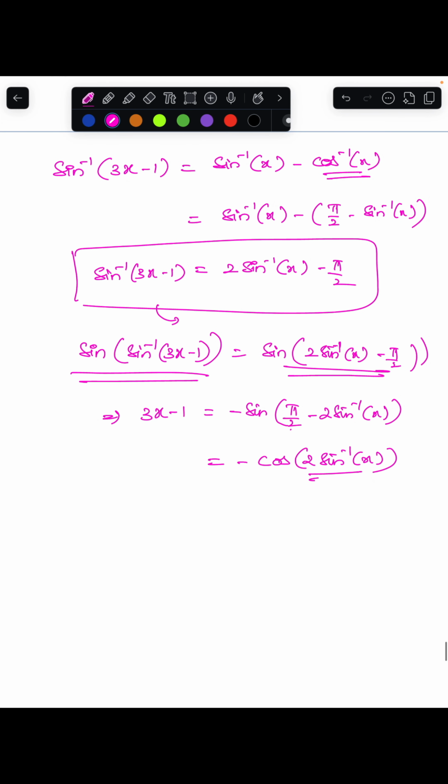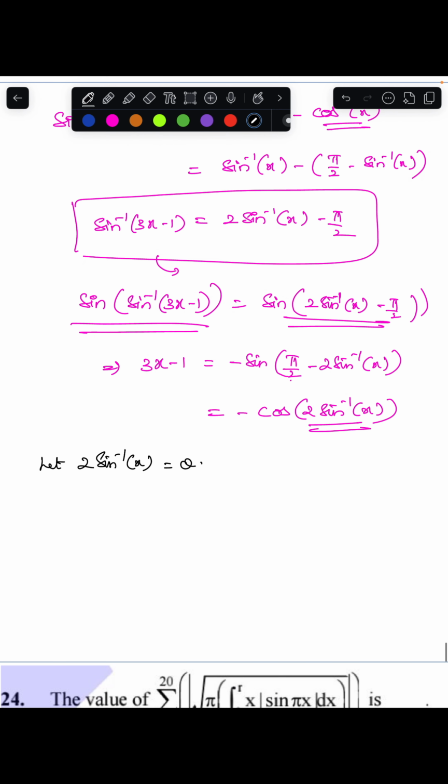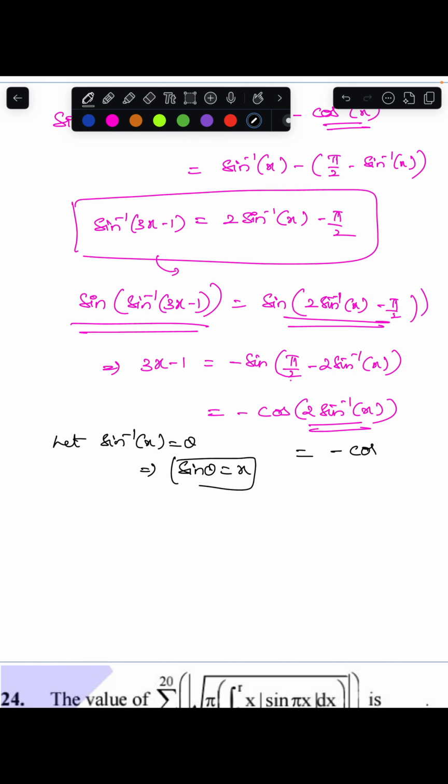Now you need to simplify this. So how can we simplify this? Let sine inverse x equal to theta, which means sine theta is x. So if you put this, you get minus cos 2 theta.